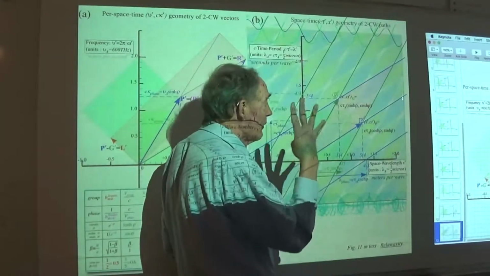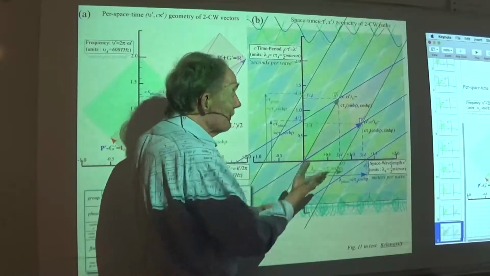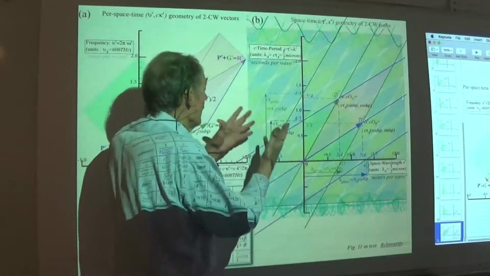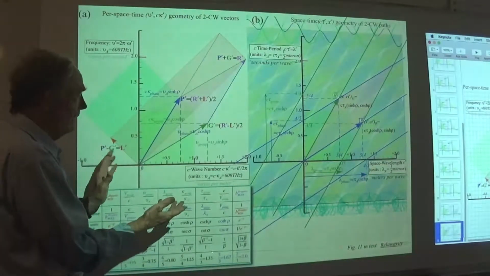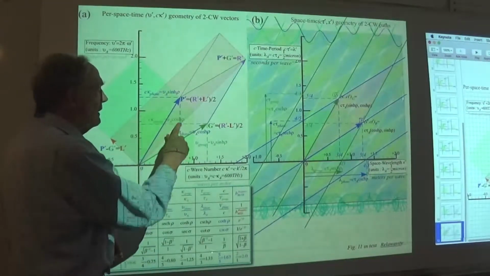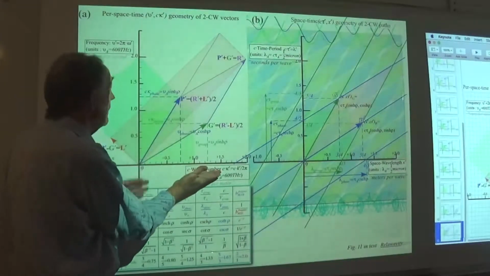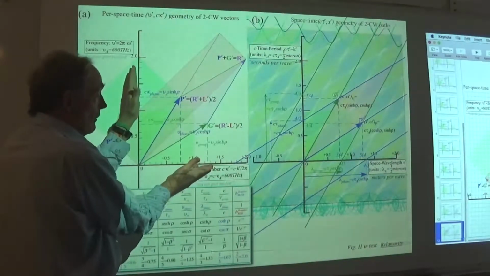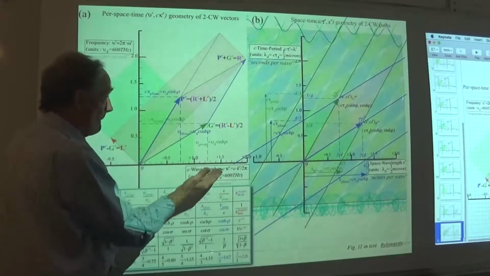So it's really 4 things that are really important here that we got to get off of this graph. That's the space-time graph. It should also show up over here in per space-time, but differently. We've got the frequency of the phase right here, and we've got the kappa of the phase right here. This is kappa, this is a tau. This is space, per space. This is per time. Okay.